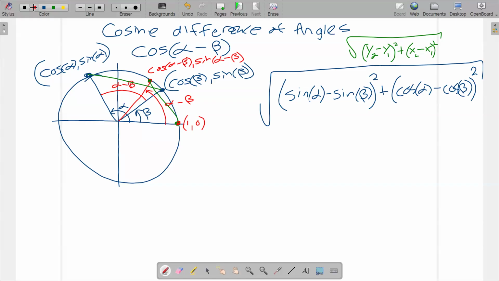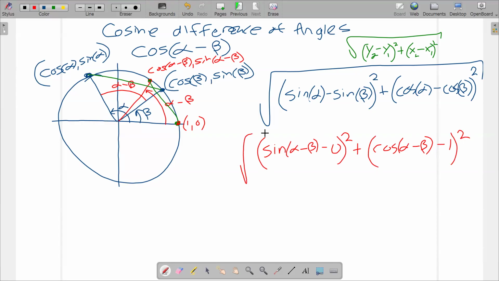Now with the red points, the y values are first sine of alpha minus beta minus y value of 0. And then our x values, cosine alpha minus beta minus 1.